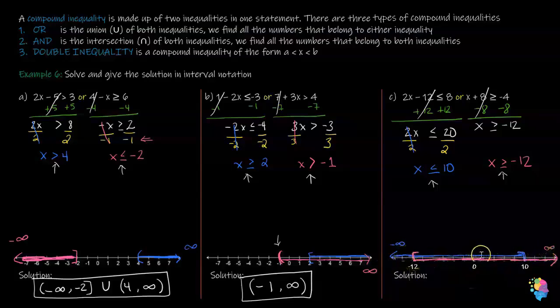So because every single number is being shaded, that means that our solution is going to run all the way from negative infinity to positive infinity, and infinities always take parentheses. So the thing to remember when we have an OR statement is that the solution will be all those numbers that are being shaded by either of the inequalities.